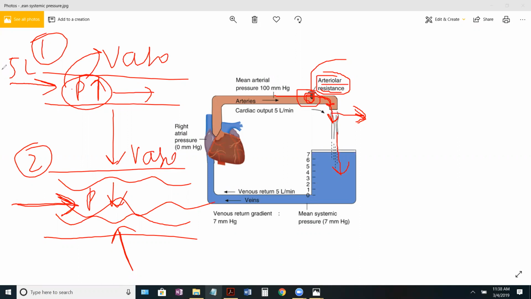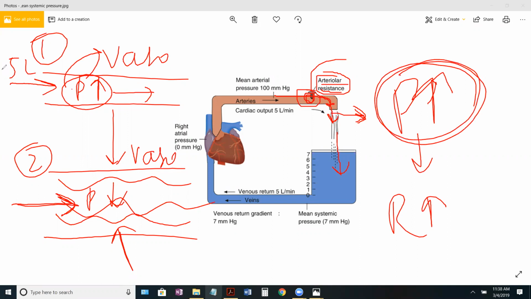If you have more pressure in some system, you know that the resistance of that system is also high. That's why we need more pressure to push blood through that system. You understand this point? Yeah. Again, one more time, this is very fundamental and very important as an equation, if you can understand this.